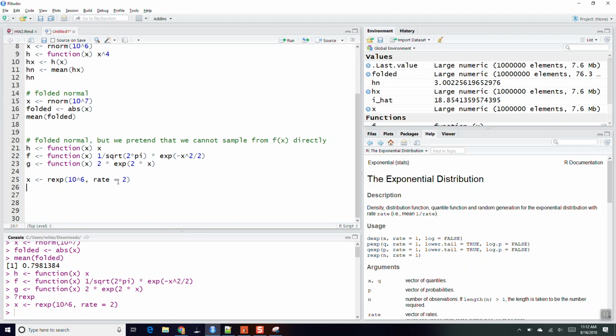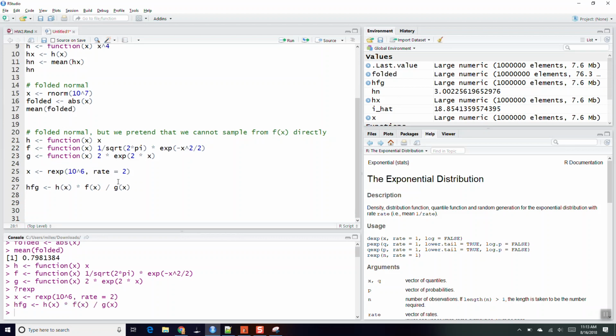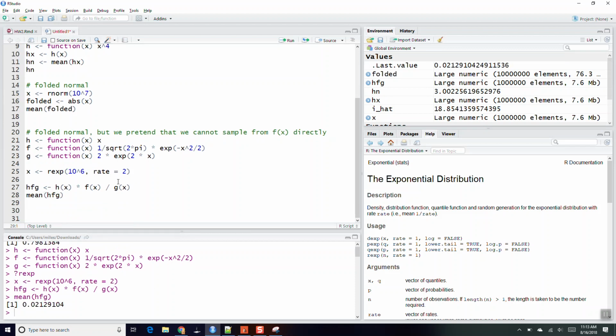Okay, and then we'll call these HFG, which is going to be h of x times f of x divided by g of x. And then we'll take the mean of all of these values.